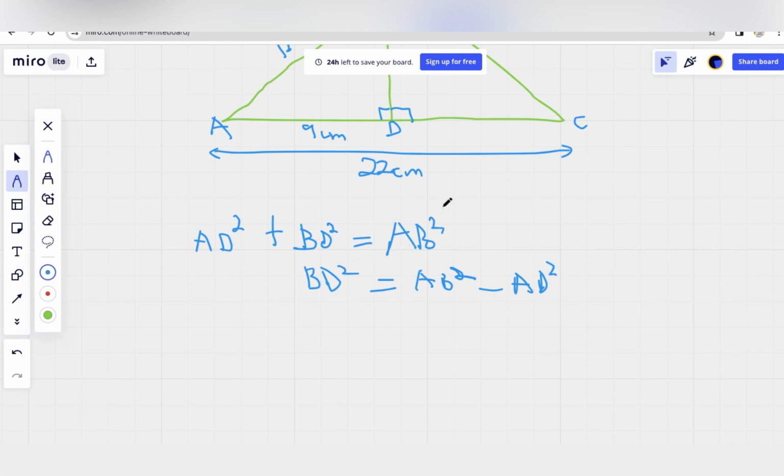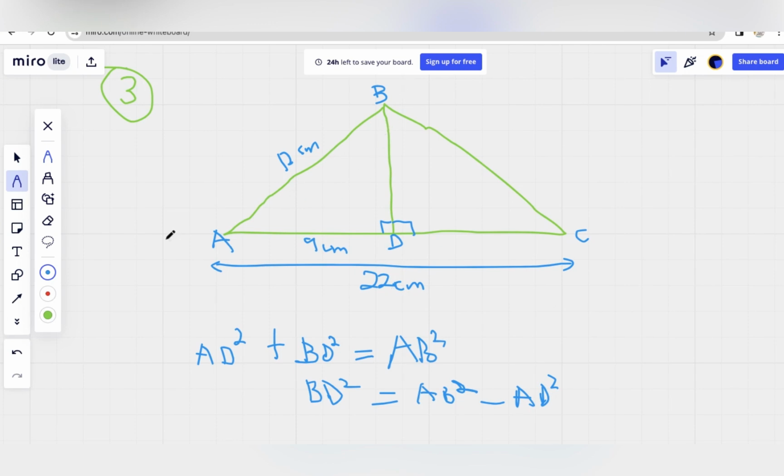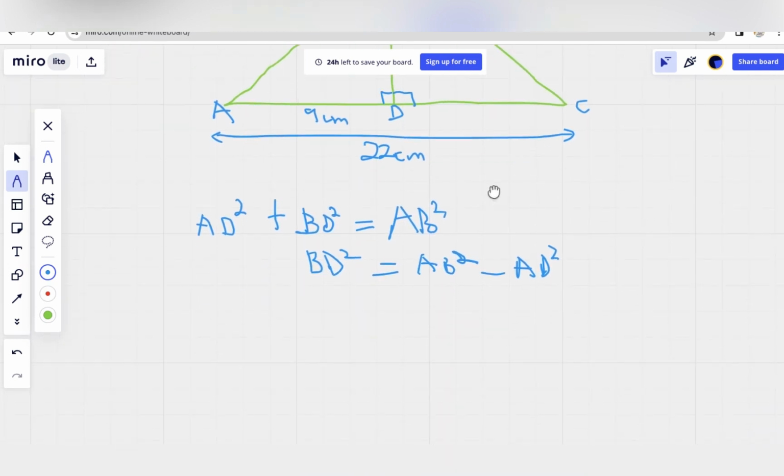So if you're looking for the longest side, we will add this one square plus this one square. But we already have the longest side. We're looking for one of the short sides. So you say this longest side square minus the other short side square. So that's how we got this formula. AB square minus AD square equal to BD square. Okay, because we're not looking for the longest side, we're looking for one of the short sides.